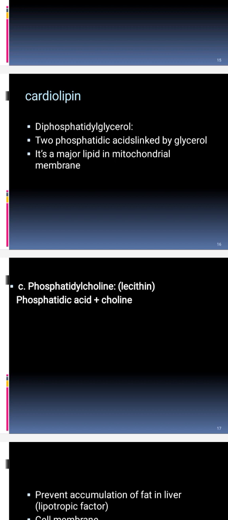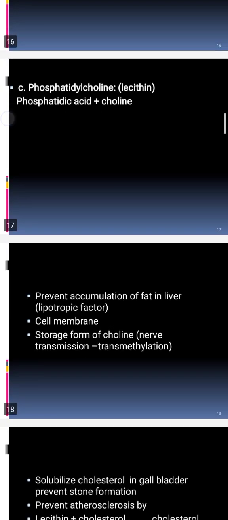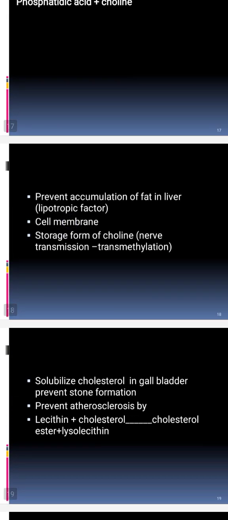So if we have a look at phosphatidylcholine or lecithin, we will find that phosphatidylcholine contains phosphatidic acid plus choline. Lecithin's role actually is to prevent accumulation of fat in the liver.